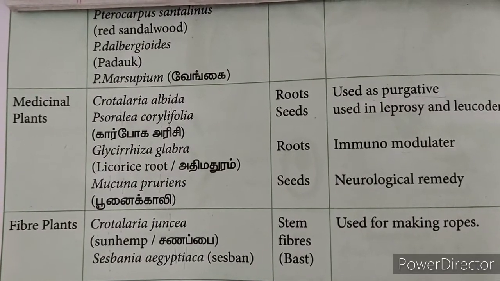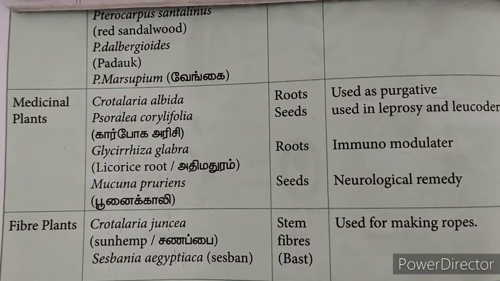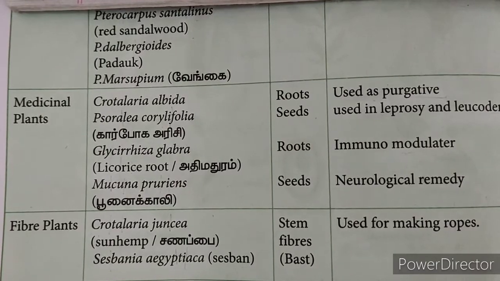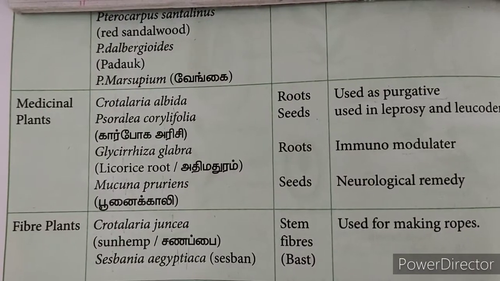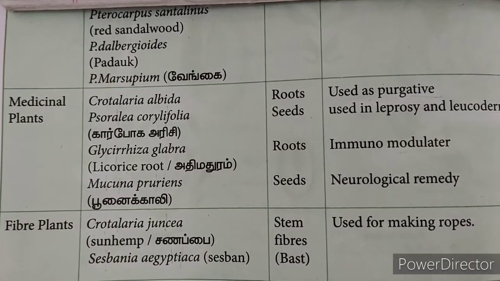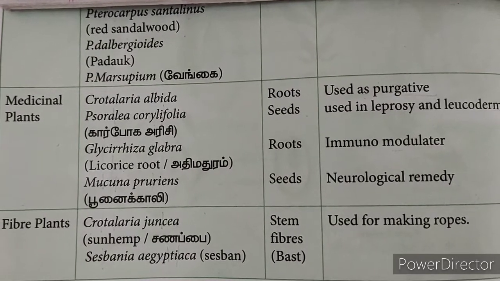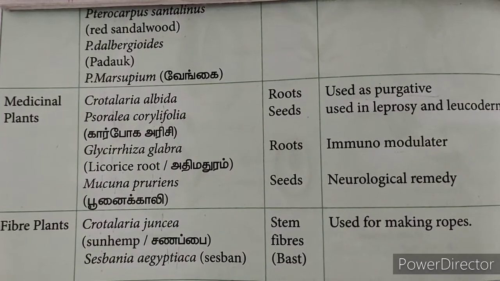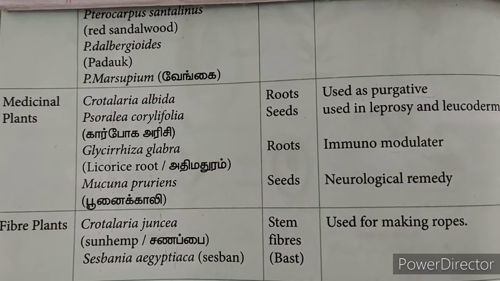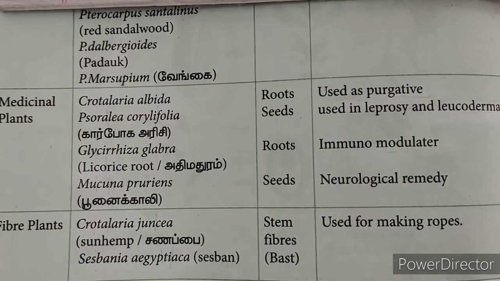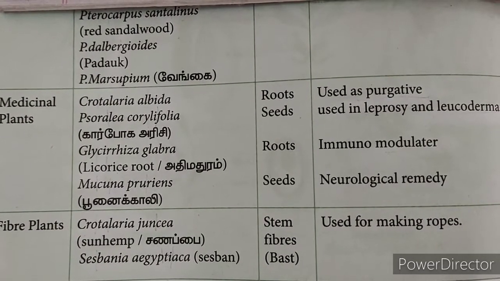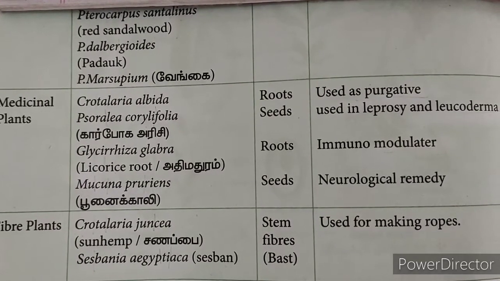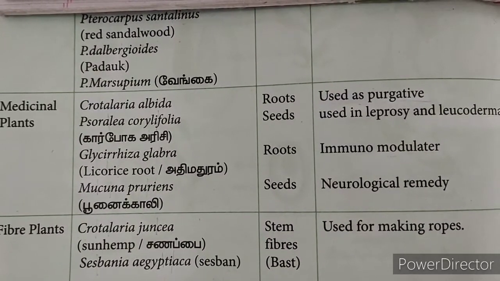Next one is Psoralea corylifolia. The seeds of this plant are used for leprosy and leukoderma, skin diseases. Leukoderma is called venn noi in Tamil, which is a skin problem.